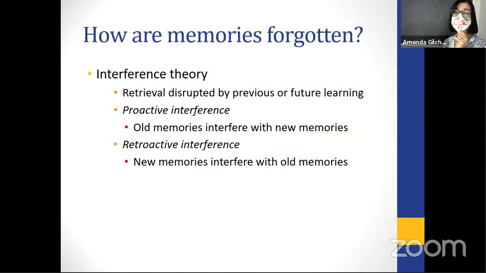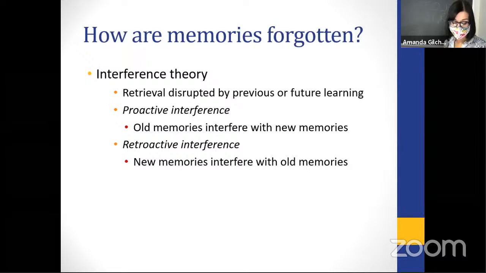So how are memories forgotten? Now, I'm not going to deny there is very much an effect of time that is in play here. But a lot of people these days tend to believe that memories aren't really gone, but rather that they can become harder to recall because of interference.